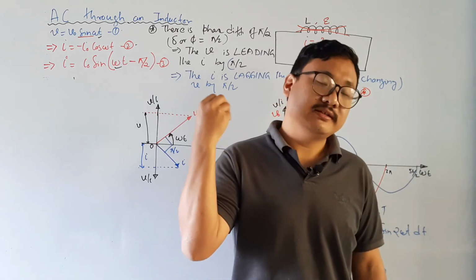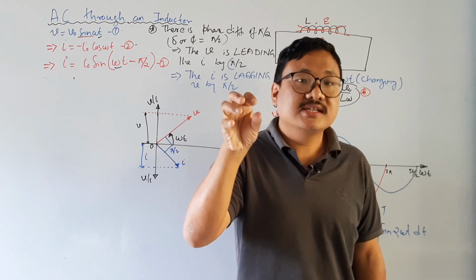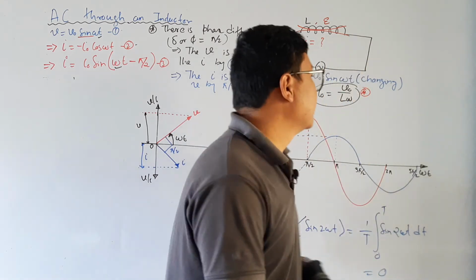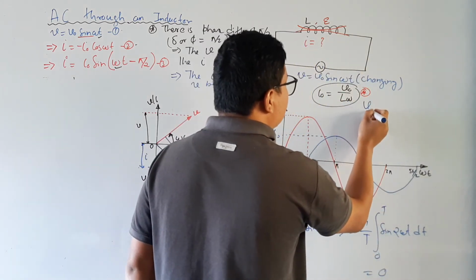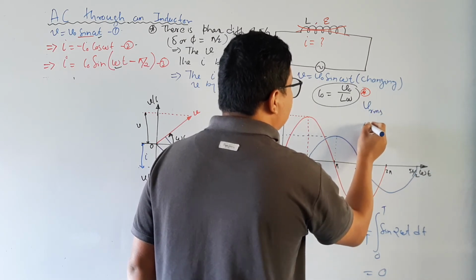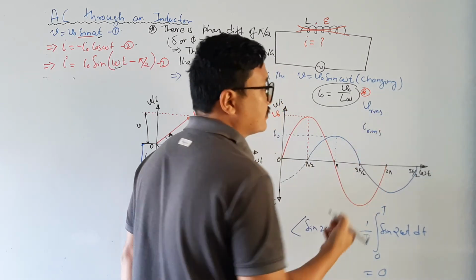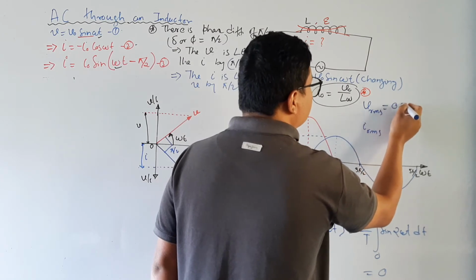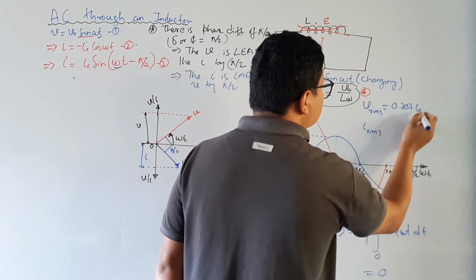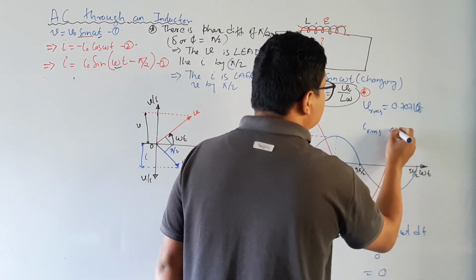We have already studied in the last lesson that the voltage and the current that we measure are VRMS and IRMS, the root mean square values, which equal 0.707 V0 and 0.707 I0.